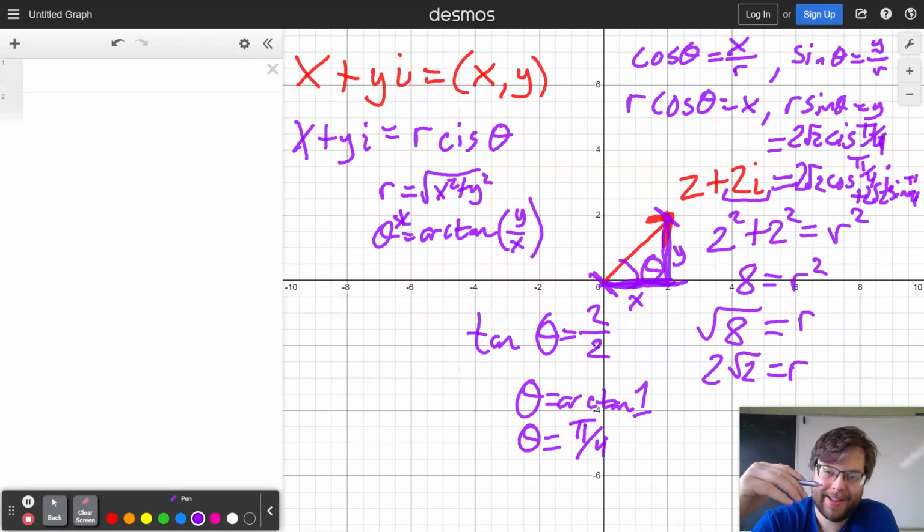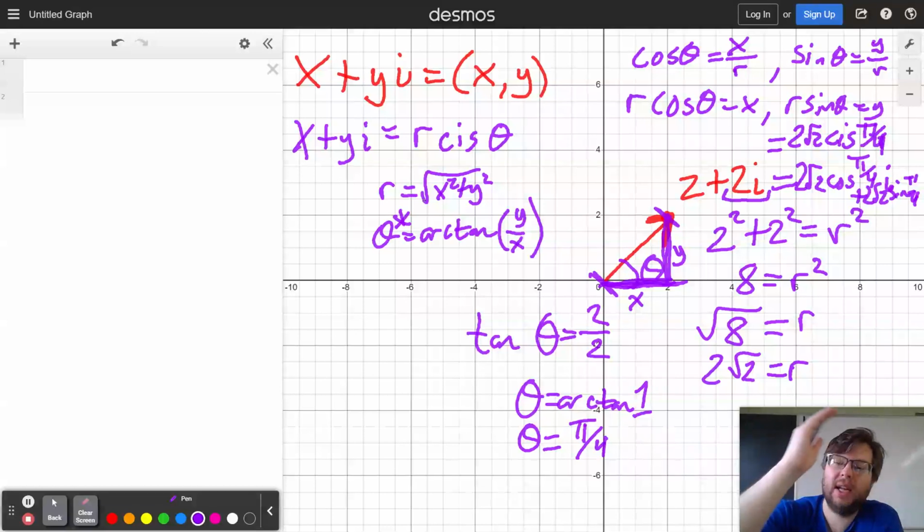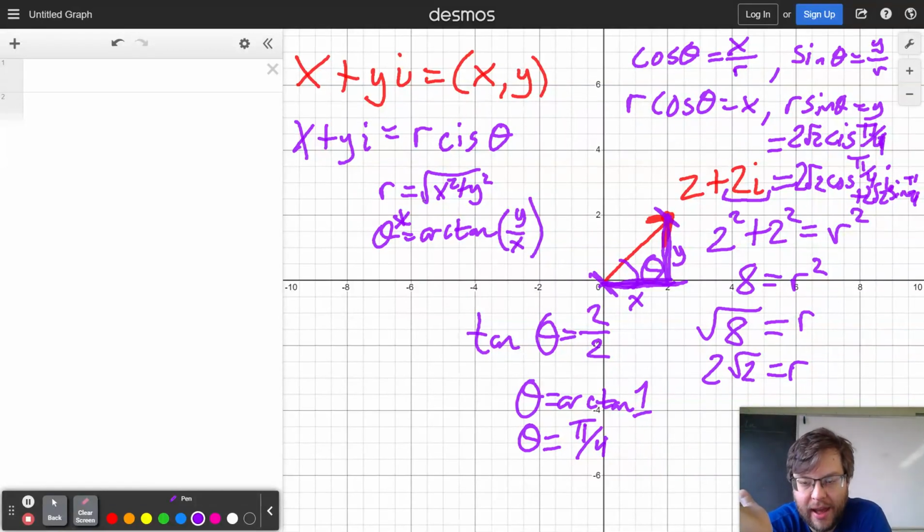Sometimes arctan will give you the angle that's on the right half of the coordinate plane, and you need to add 180 degrees, adding pi to it, to get the angle on the left half. So just watch out for that. Arctan will always give you angles on the right half, so you might have to add pi, or 180 degrees, to get the angle you actually care about. So just be careful there.